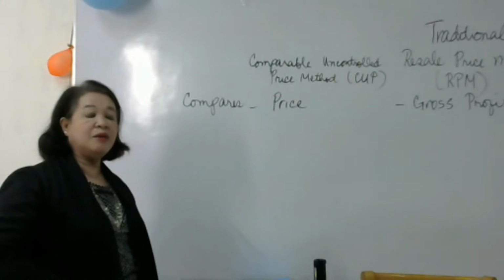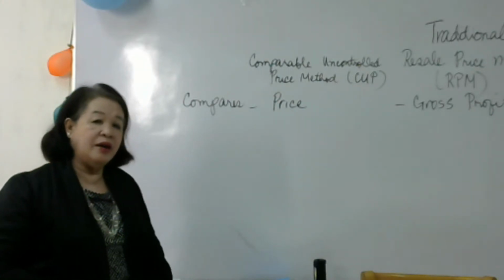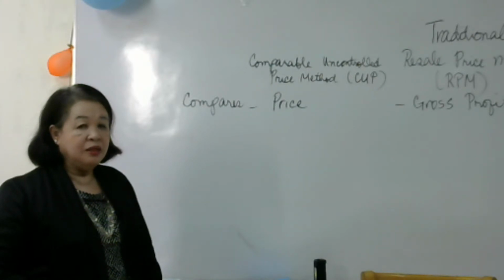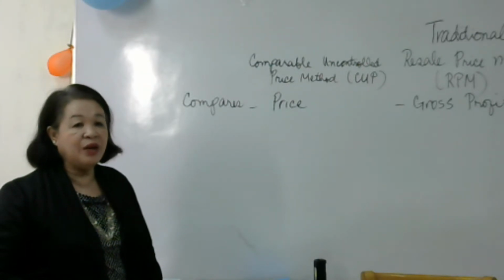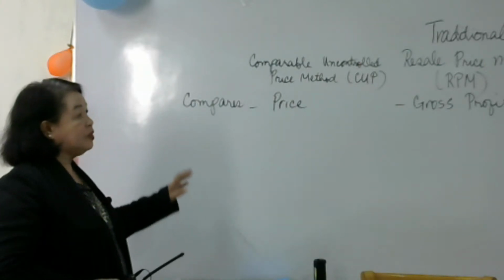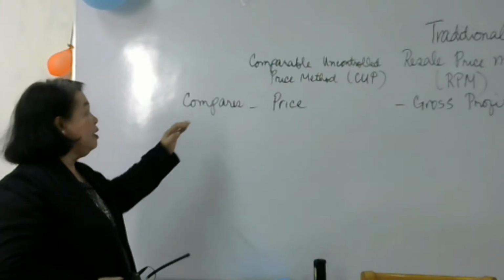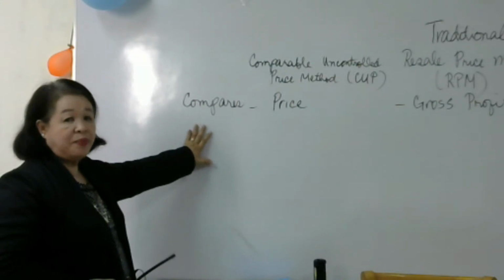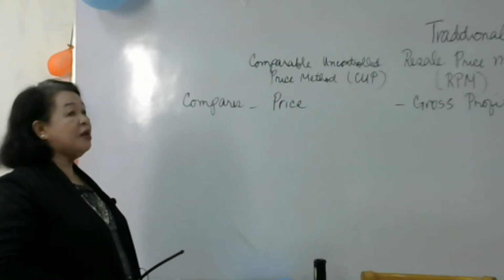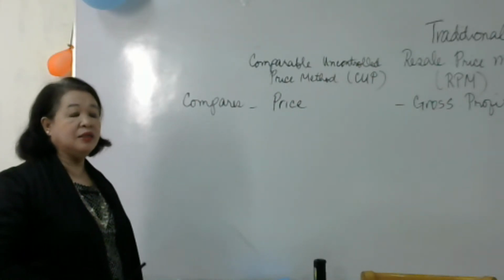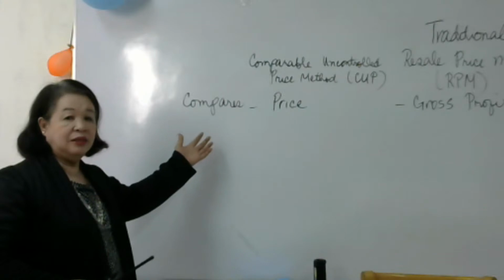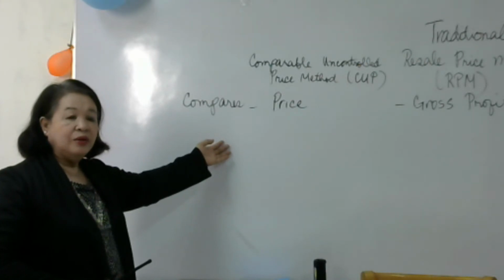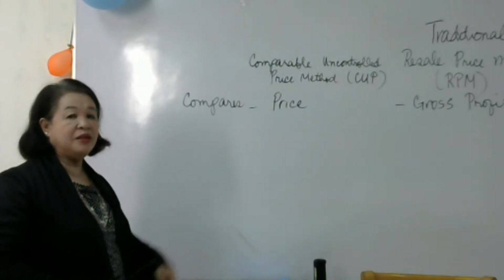Since we said arm's length, we compare the pricing of our client with that of the independent party. So we will use methods. If you use the comparable and controlled price method, you compare the price.